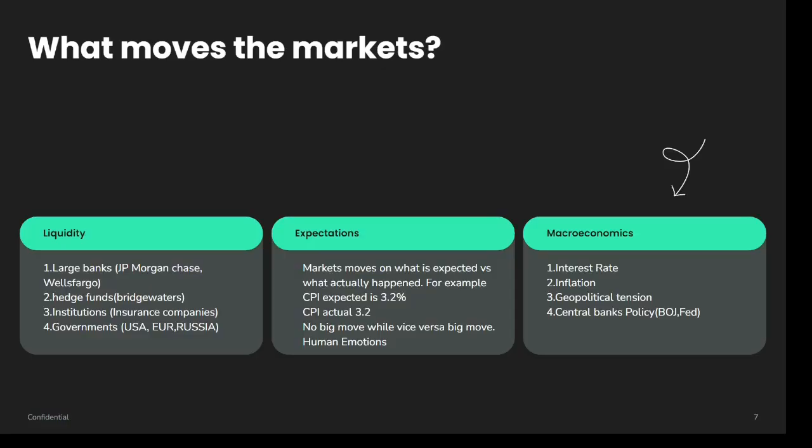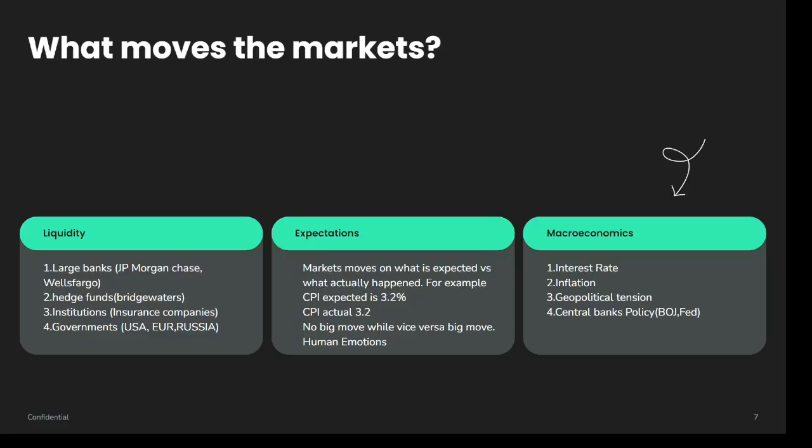Then there are market expectations. The market moves on what is expected versus what actually happened. For example, CPI. CPI 2 is for another day, but just bear in mind that it's a tool used to measure inflation.